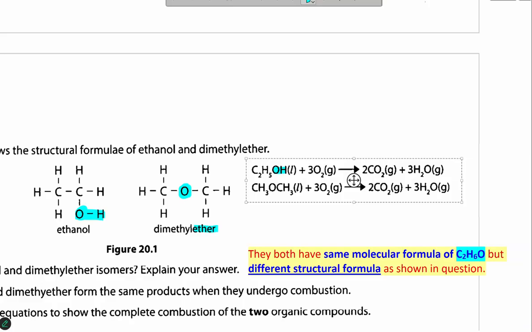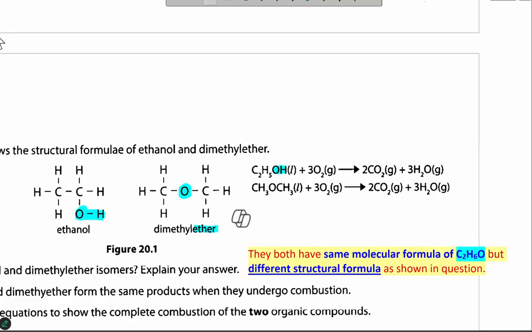Look at this. This is the ethanol. So instead of putting CH3CH2OH, I put C2H5OH. You can put this as the formula in the equation. No problem. Don't need to put the molecular formula. If you put molecular, I tell you both look identical already. So since they ask you to write the two equations, likely they want you to show this one like this. While the second one here, there's no choice, right?